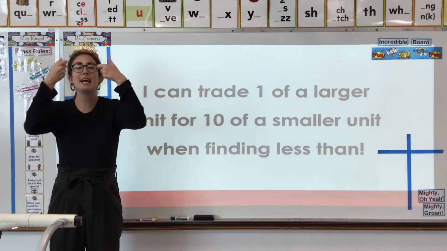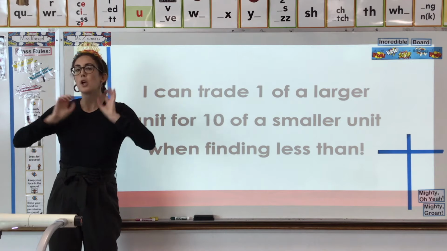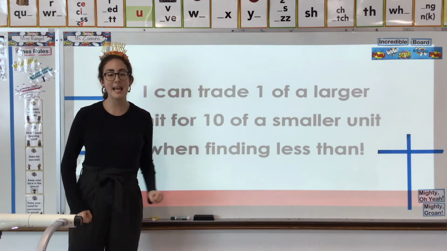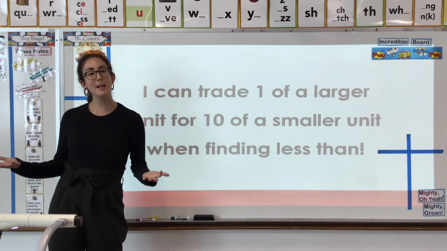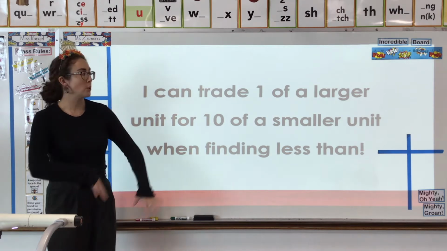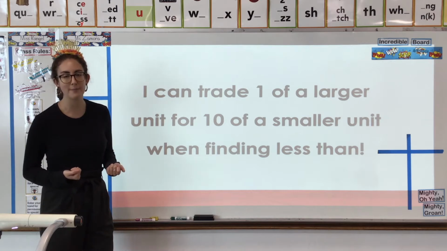We're going to have to take apart, trade, unbundle that larger unit so we can get 10 of that smaller unit in order to take away 1 or 10 less than. This sometimes happens when we're subtracting and taking away value. So we're going to practice this unbundling trading knowledge today.